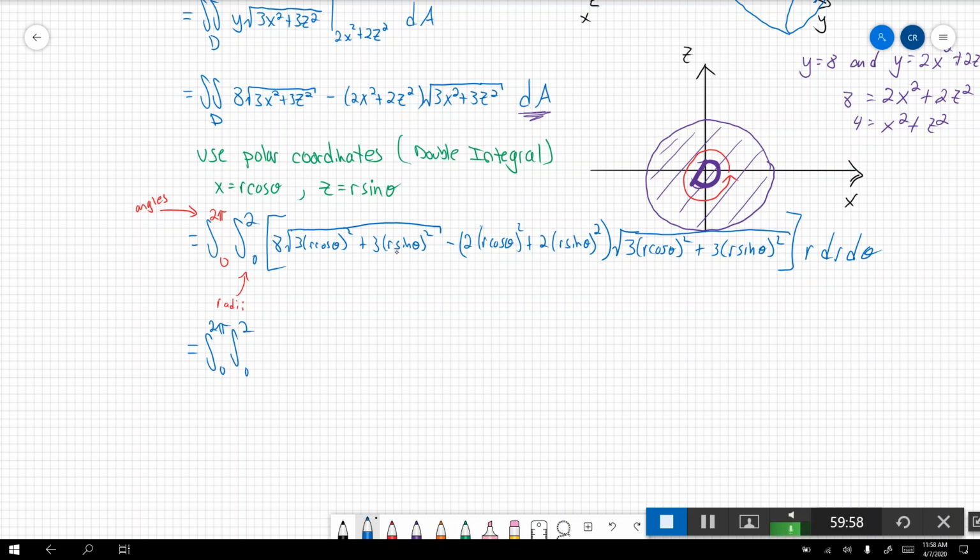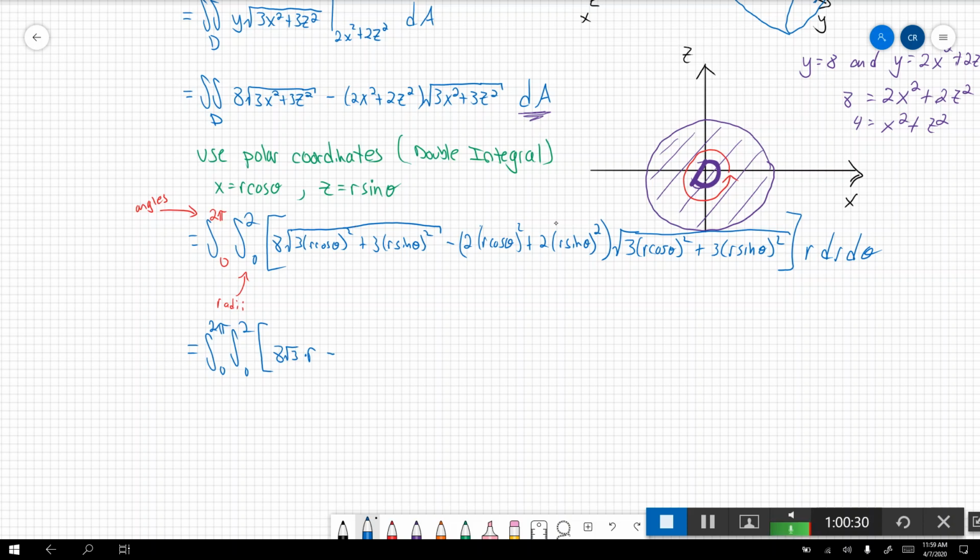Simply because this piece right in here, look at this. We get r squared cosine squared, and we get r squared sine squared. If we factor out a 3 and an r squared, then naturally we're going to be left with cosine squared plus sine squared, which is just going to be 1. So in this particular case, we get 8 times root 3 times r, because the square root of r squared is just r.